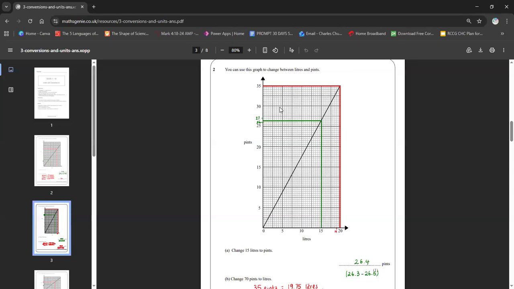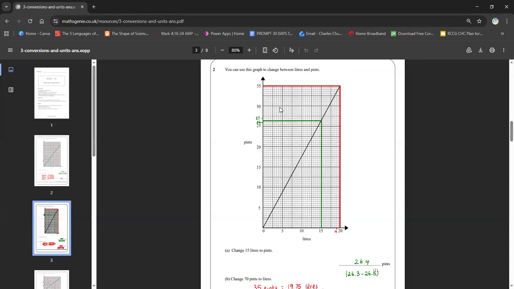So if you followed the graph, if you were to go to 15 and draw a line up, to where the 15 connects to the line going across the chart, it would be... I think first what you would have to do is find out how much one space is.